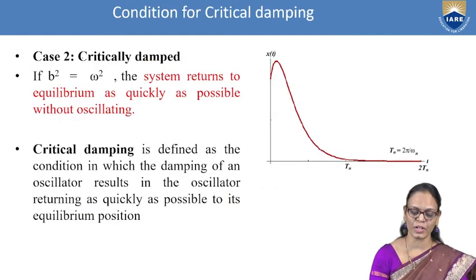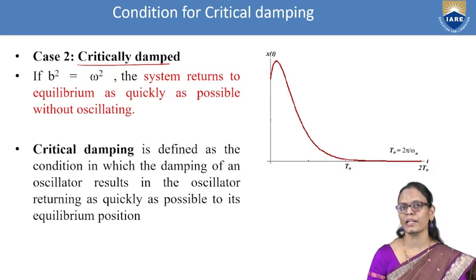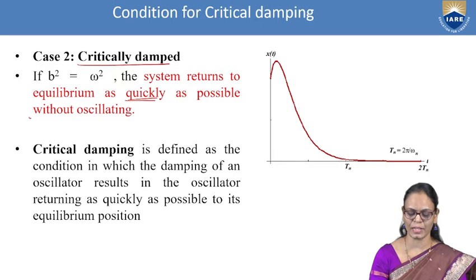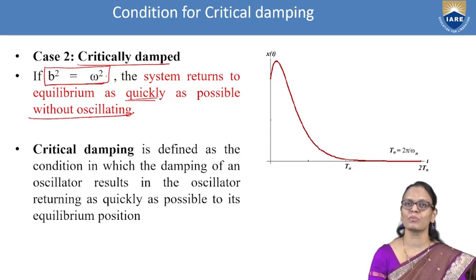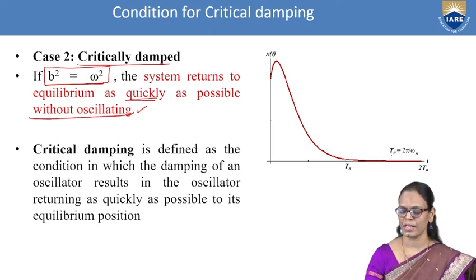Now, what is the condition for critical damping? In critical damping, the system comes to rest without oscillating, but as quickly as possible. The condition is B square is equal to omega square. Now this will be the graph: it will come to rest within a very short time and it does not oscillate.